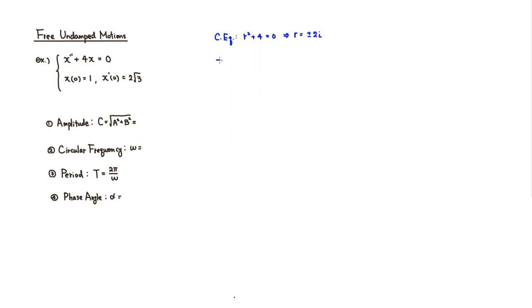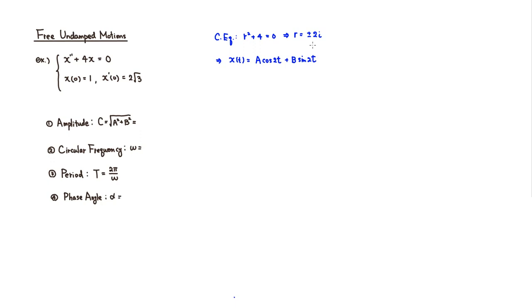So the general solution is going to be x of t is equal to a cosine of 2t plus b sine of 2t.